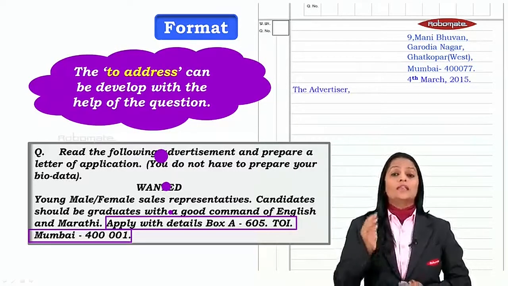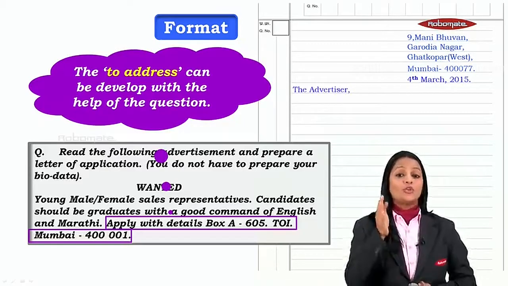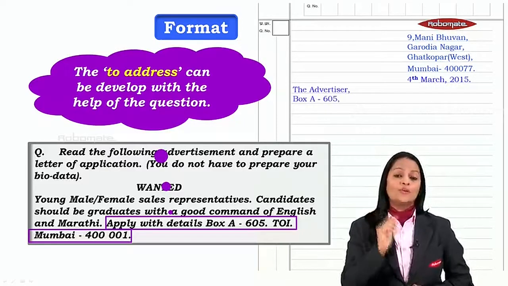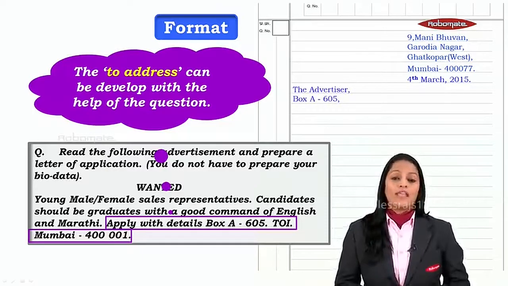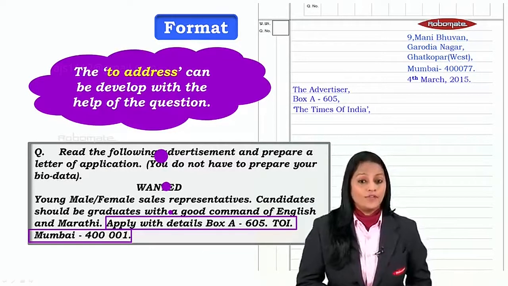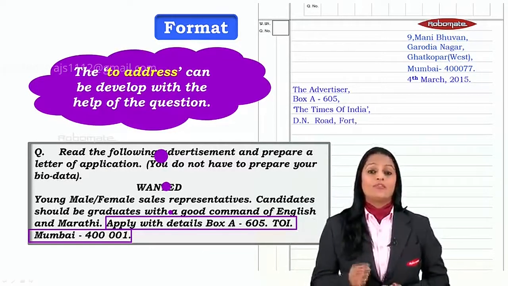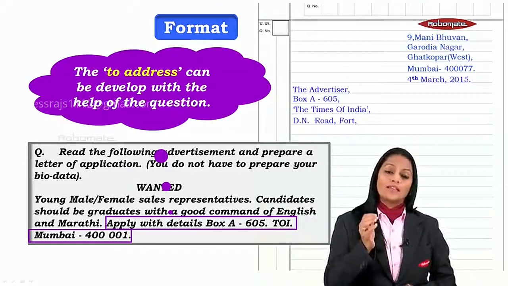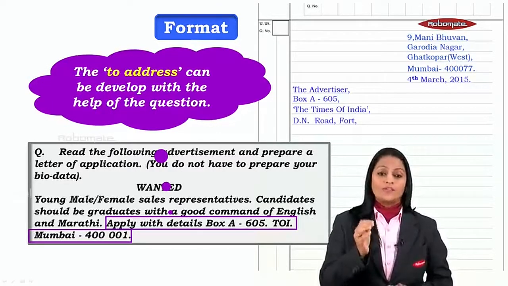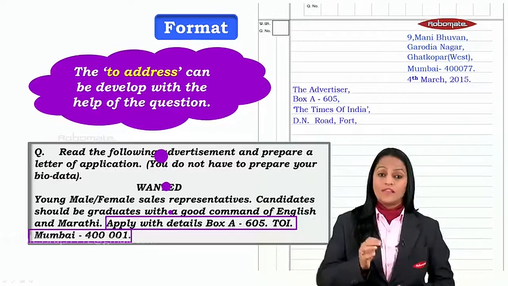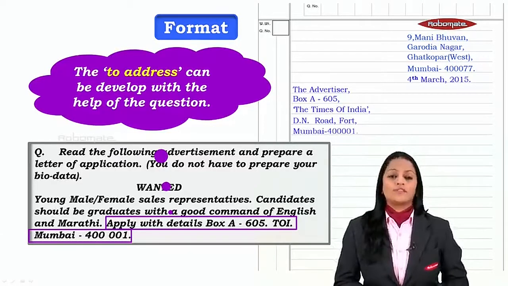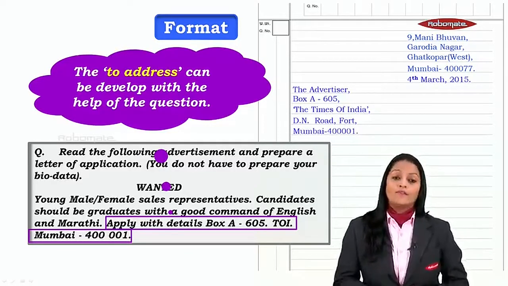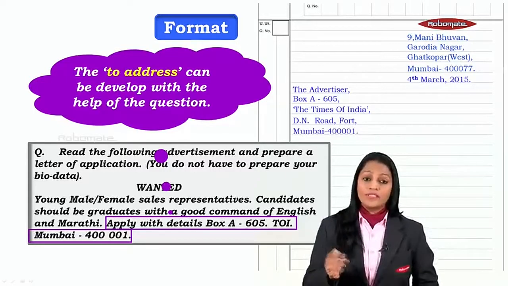So, here you will say the advertiser, because they have not mentioned to whom. Okay? So, you will write the advertiser, Box A605, the Times of India, and DN Road, Fort. Now students, this is the standard address of Times of India. It's a very, very famous address, and therefore you should know the address of Times of India. And Mumbai 400001. Of course, it's given here.